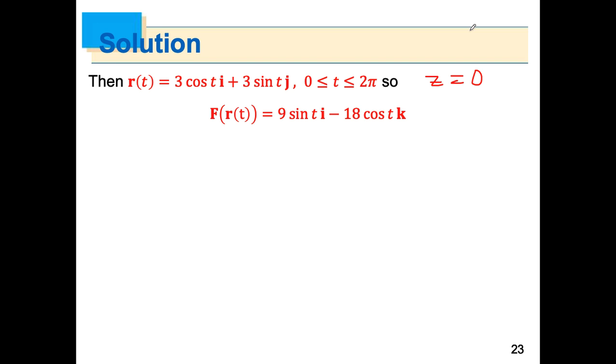You plug in our value of x, which is 3 cosine t, and our value for y, which is 3 sine t. Plugging those into the previous slide's vector field, we end up with 9 sine t i minus 18 cosine t k.